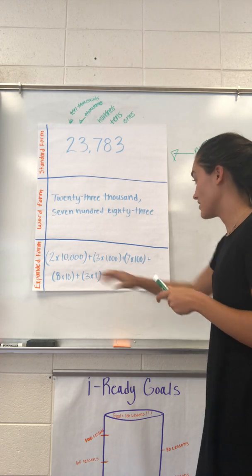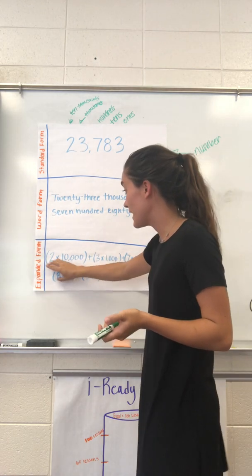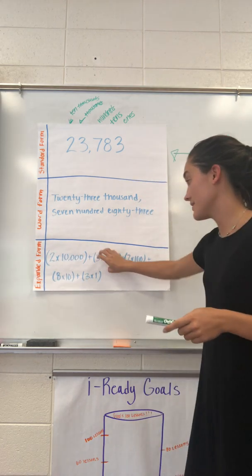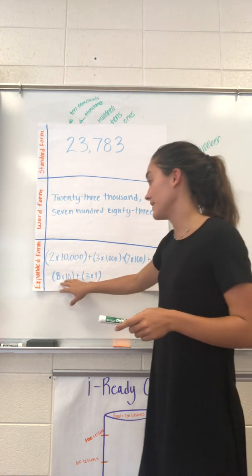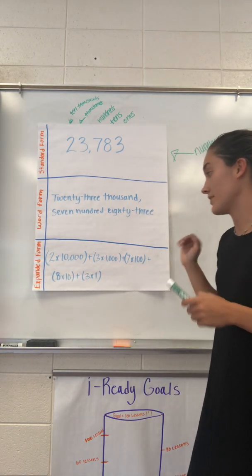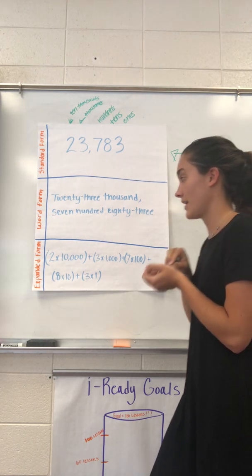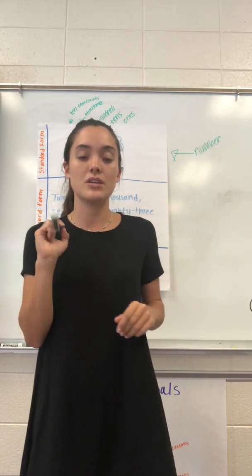And if I solve this, which we're not going to, but if I did 2 times 10,000, that would give me 20,000 plus 3,000 plus 700 plus 80 plus 3. So that would be 23,783.